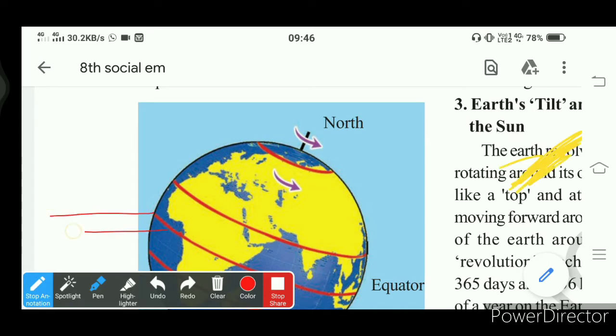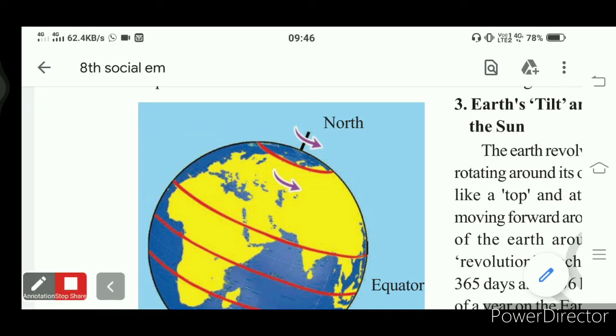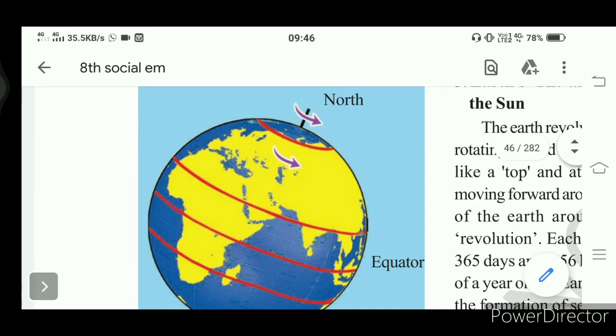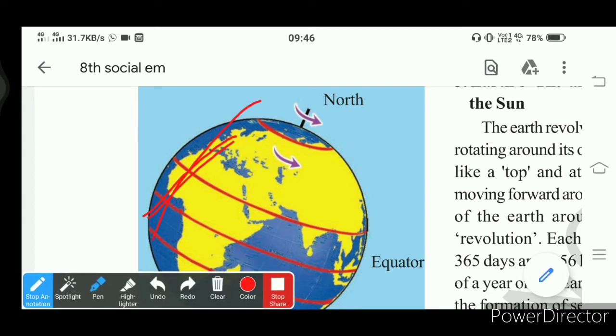Here it is a direct fall of the sun rays, right? When we move from the equator to the north pole, the angle increases towards the pole, understand? So as the angle increases, we see that the portion which is facing directly to the sun gets hotter than the place which is far from the equator, right? Dear students, here it is a place which faces directly to the sun, so it will be very hot.